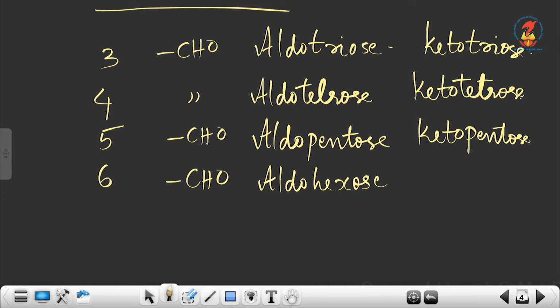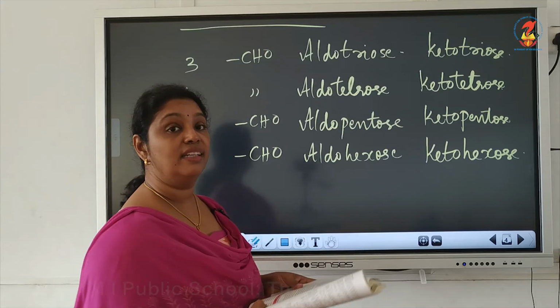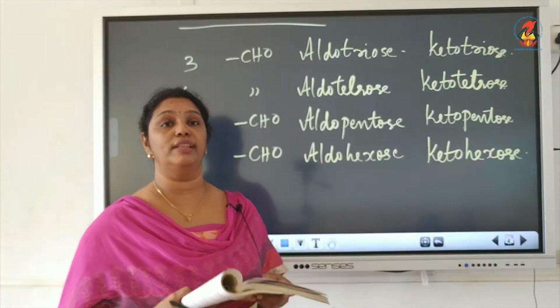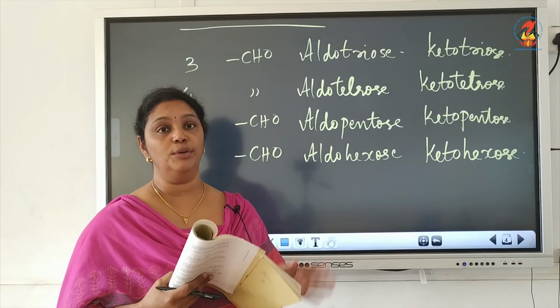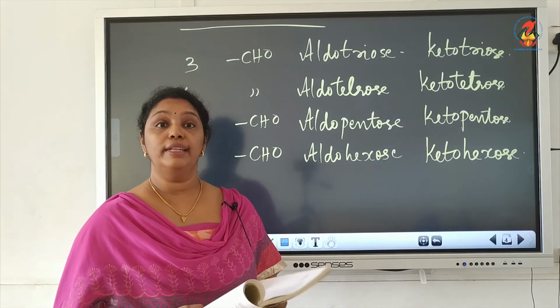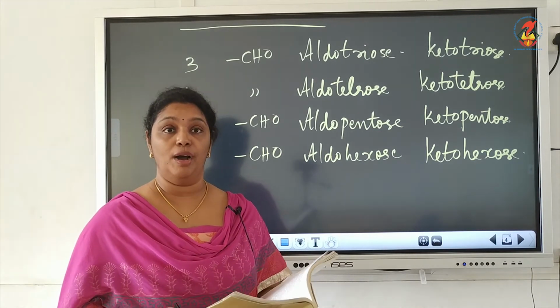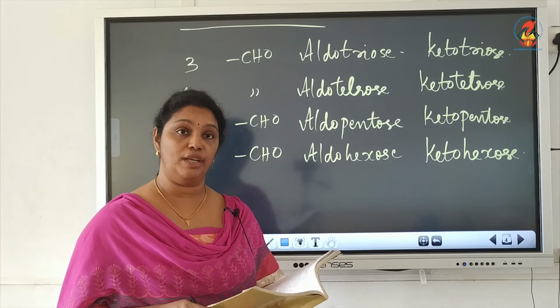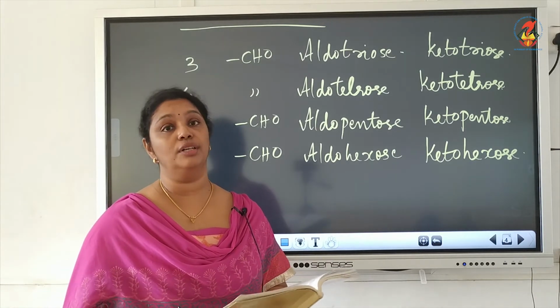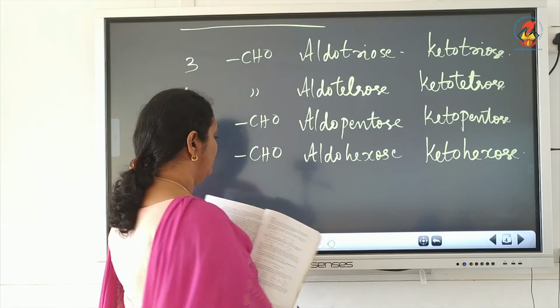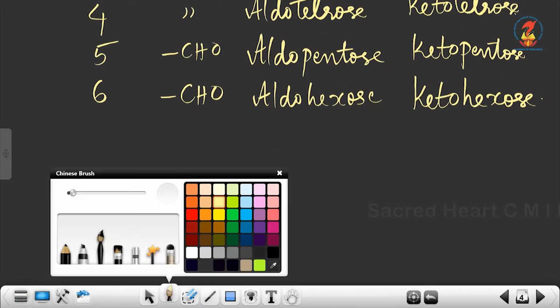Our glucose and fructose have 6 carbon atoms, and the aldehyde is the functional group in glucose, so it is an aldohexose. And if it is a keto group, then we have ketohexose, and fructose is a ketohexose. So this is another classification of monosaccharides depending upon the number of carbon atoms and the functional group present in it. Now, next we are going to study in detail about glucose, the preparation, the reactions, the structure of glucose, etc.